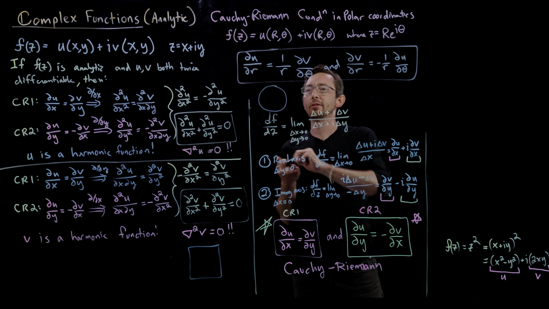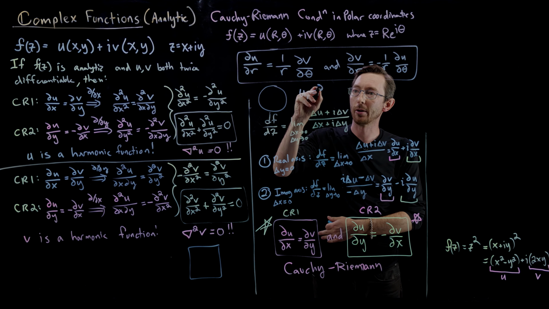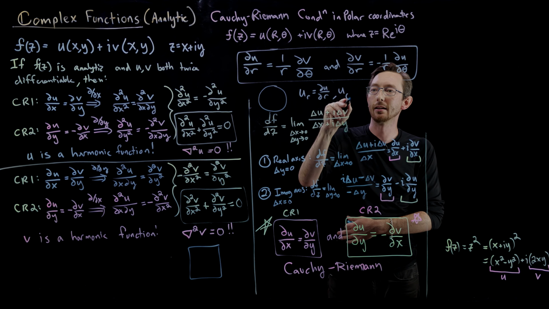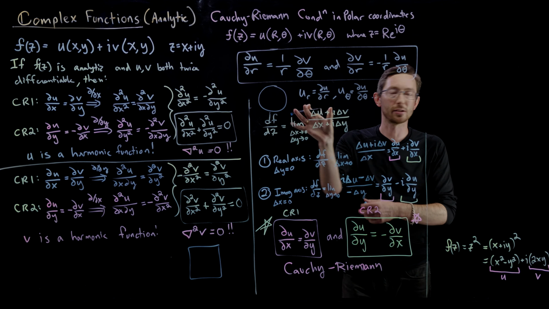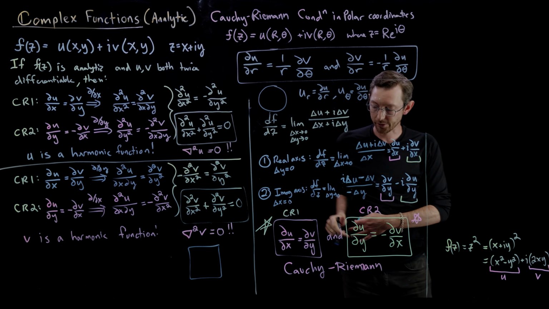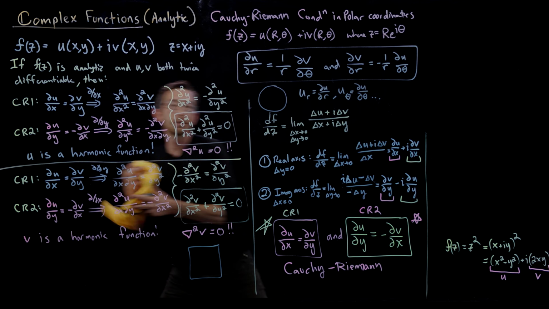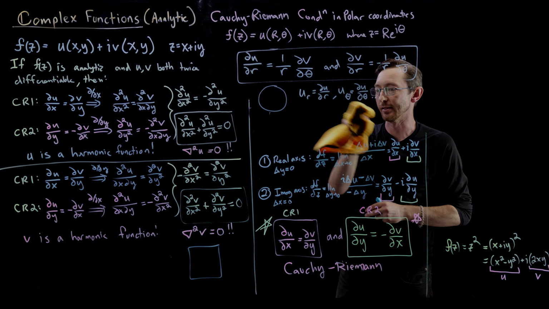And there's always simplifying notation. If we define u sub r equals partial u partial r, and if we define u sub theta equals partial u partial theta, and so on and so forth, so subscript here is partial derivative, then this expression in that notation becomes kind of nice and simple.